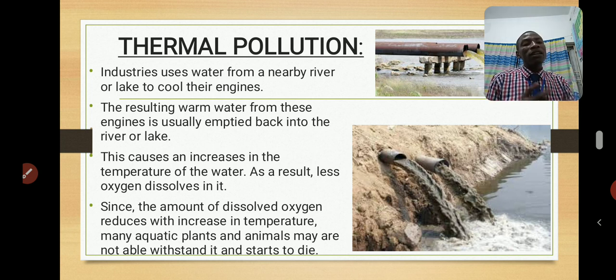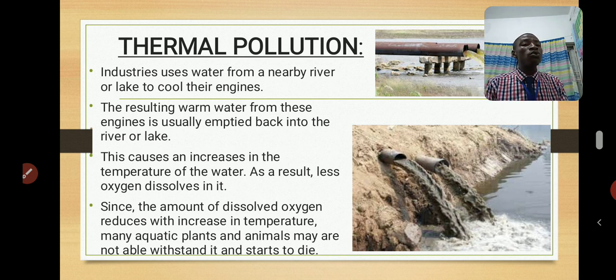That's number one. Number two, because the temperature of the water will increase, the amount of oxygen that can be dissolved inside that water is going to decrease.